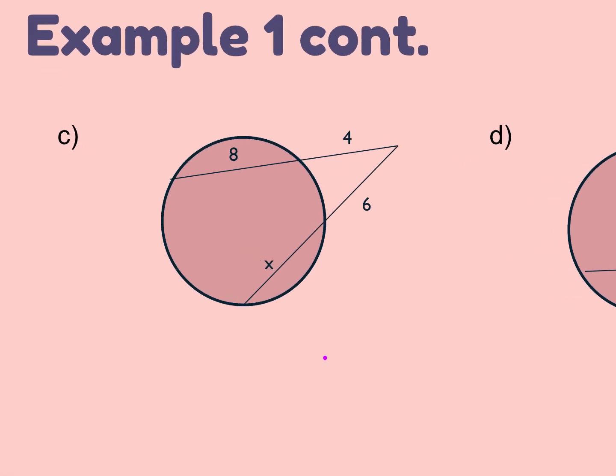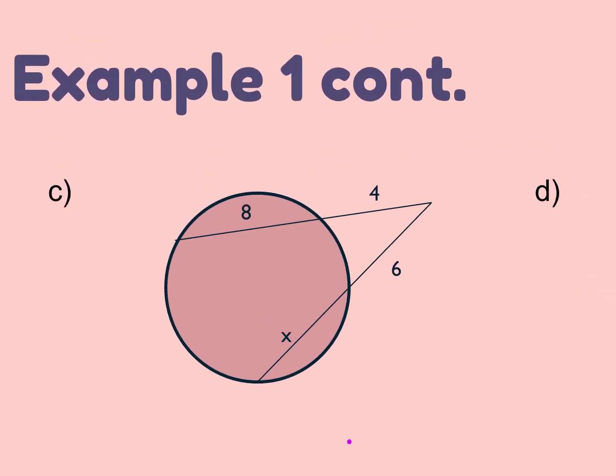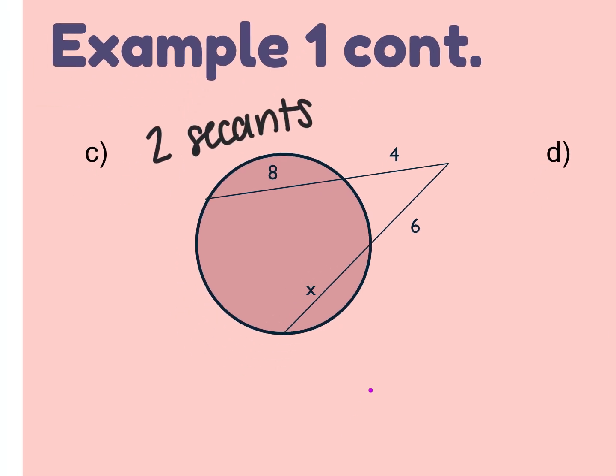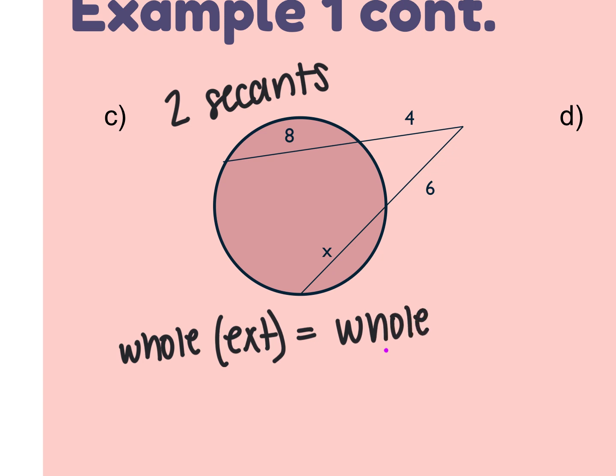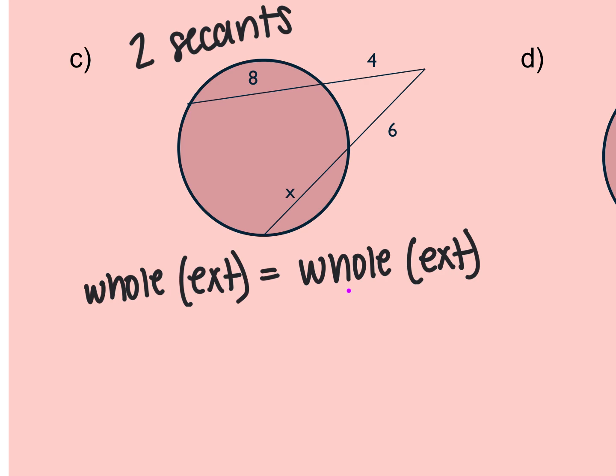All right, last two examples. Looking at this one, what two lines do I have? Two secants. So the rule for two secants is whole times external equals whole times external. So plugging in, what do I have?